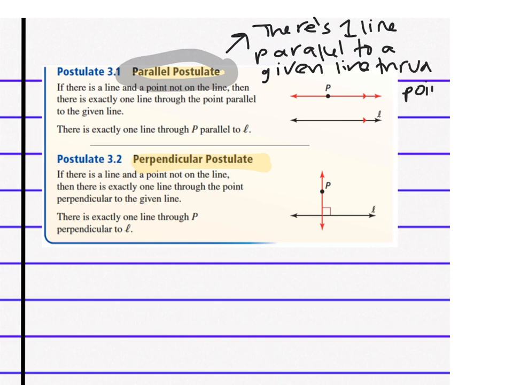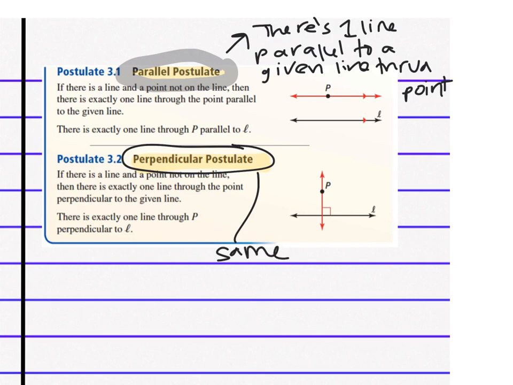So if you have a line and a point, there's only one possibility. If you want something parallel to line L through point P, there's only one choice. There's one line.